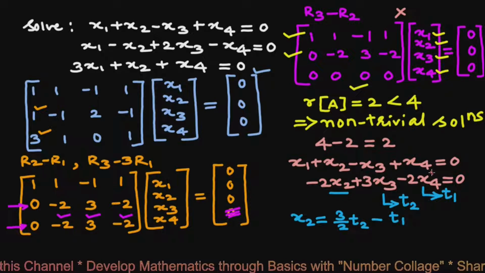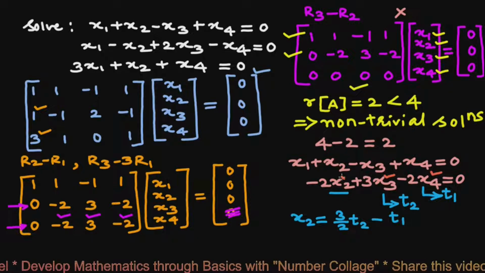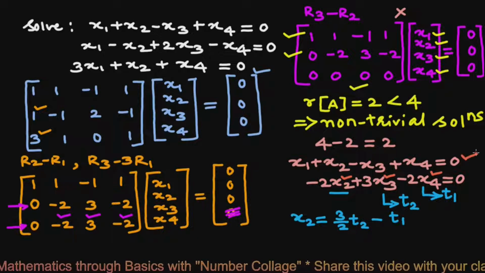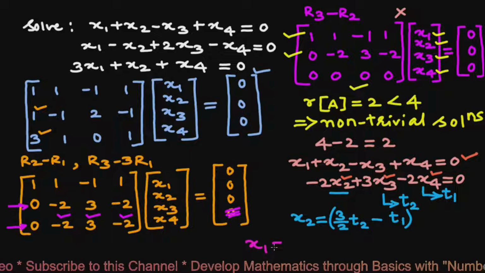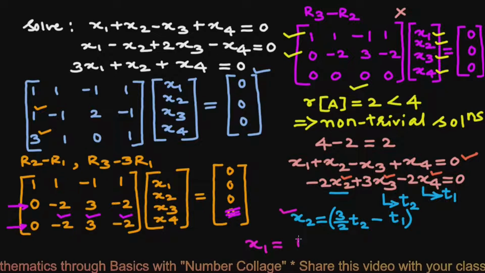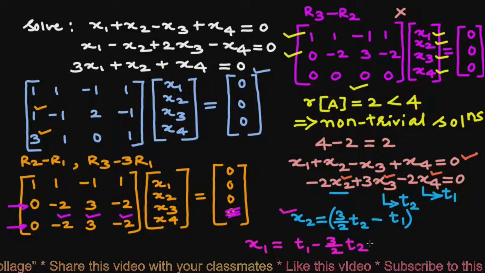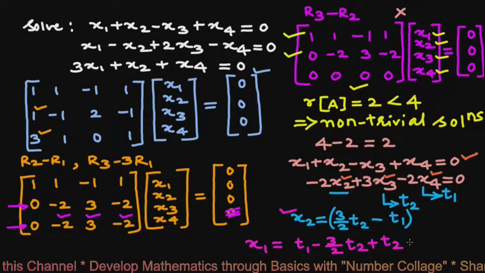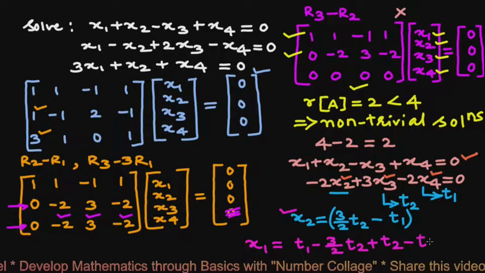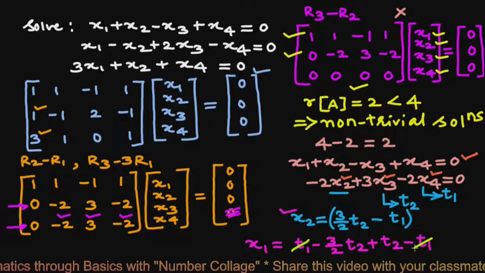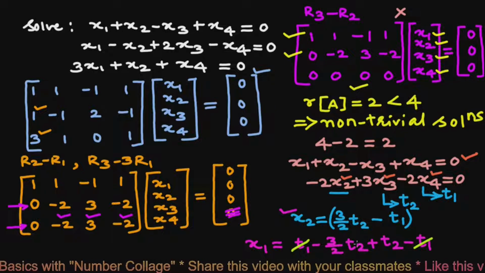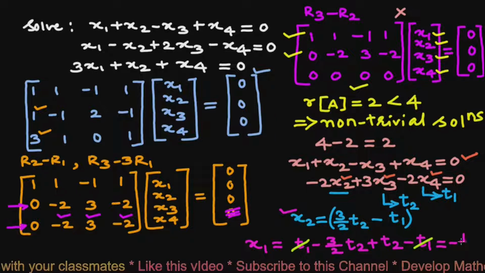Using values of x4, x3 and x2 in this equation, we write x1 equals minus x2, that is t1 minus 3 upon 2 t2, plus x3 minus x4, that is minus t1. So t1 cancels with this t1. t2 minus 3 by 2 t2 will be minus half t2.